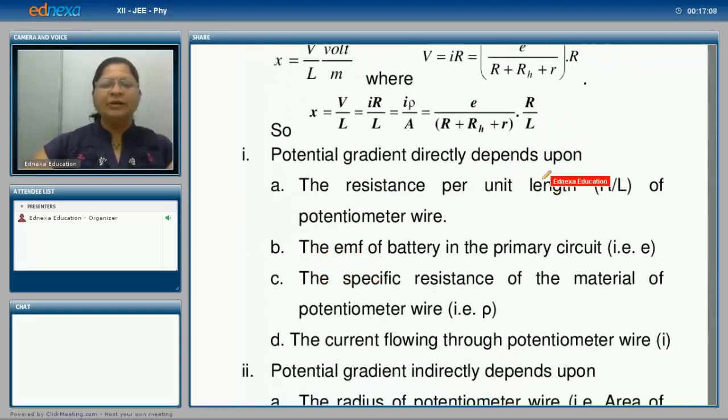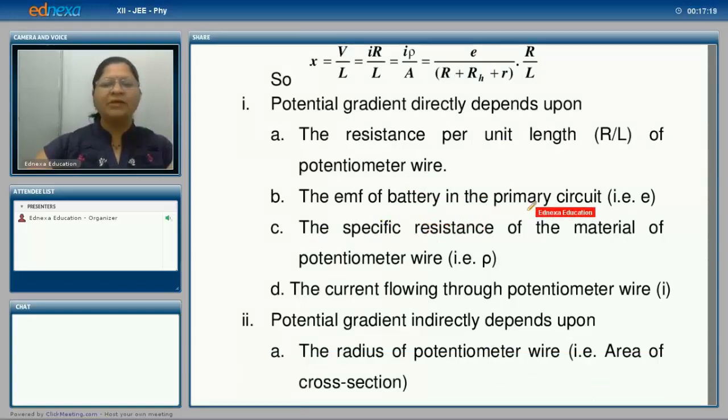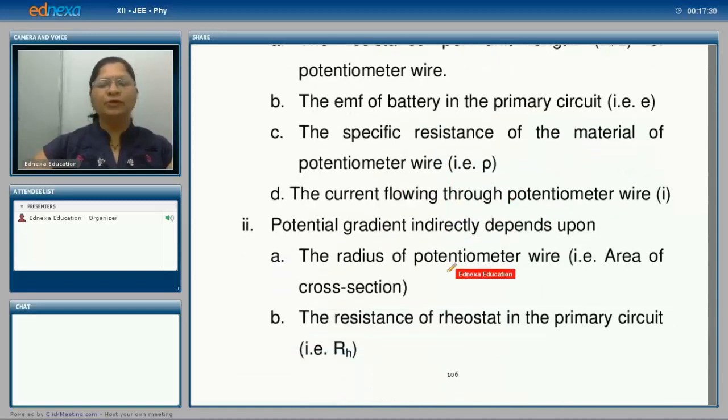Now, potential gradient directly depends on the following factors: the resistance per unit length, that is R upon L, of the potentiometer wire; second, the EMF of the battery in the primary circuit, that is E; the specific resistance of the material of the potentiometer wire, that is rho; and the current flowing through the potentiometer wire, I. Potential gradient indirectly depends upon the following factors: the radius of the potentiometer wire, so indirectly the area of cross section, and the resistance of the rheostat in the primary circuit.